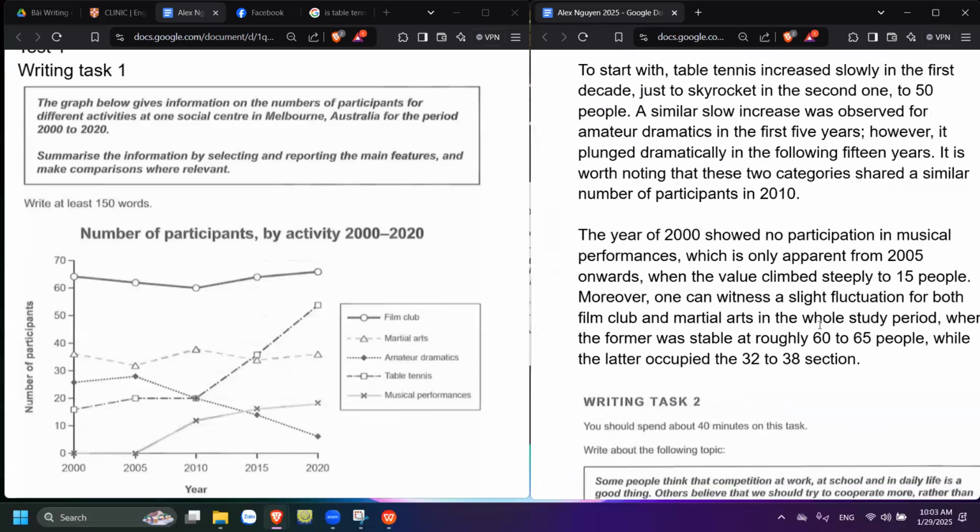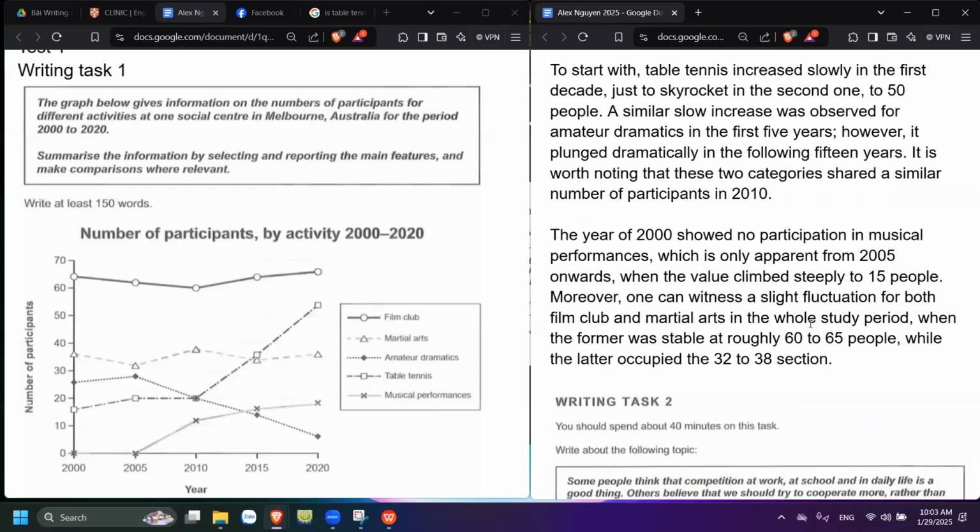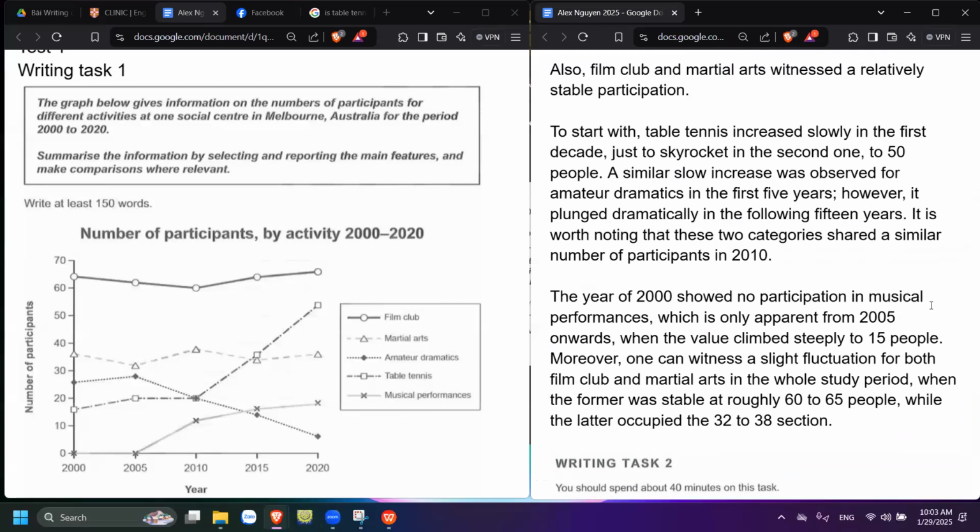Okay, would we include anything else? Should we do that? So we mentioned film and martial arts stability. But I said that these two categories share a similar number of participants in this one. Maybe I should mention the two other crossover points here.